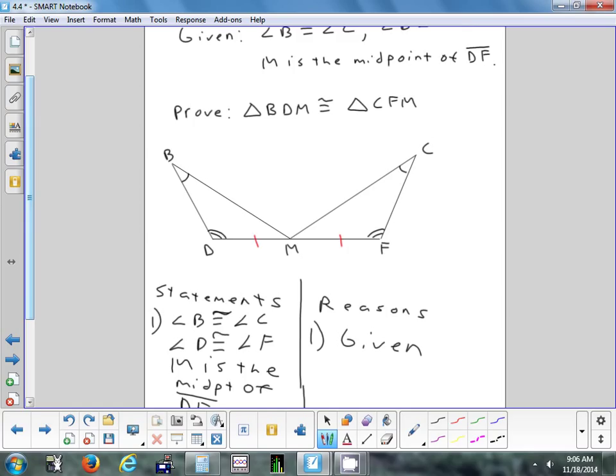Do we have vertical angles in this picture? I don't think so. No. Vertical angles, you have to have an X shape. So we don't have any vertical angles, but do we have enough information? Angle BMD and angle CMF congruent to the other. We don't know those two angles are congruent. Right. Well, actually, you're right, we do. What would be the reason if you wanted to say that? You could.